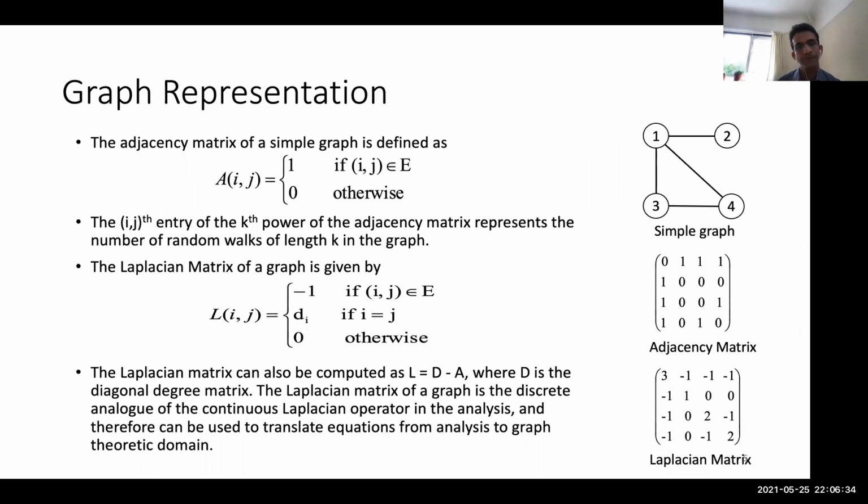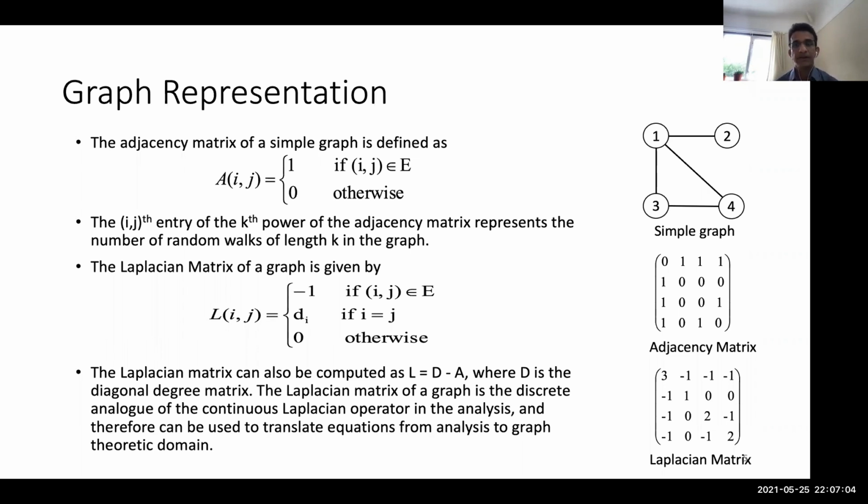For a graph, there are many ways to represent it, but two widely used representations are the adjacency matrix and the Laplacian matrix, which has some interesting properties as well. Both are matrices of size V by V, where V is the number of vertices in the graph. The kth power of the adjacency matrix represents the number of walks of length k.